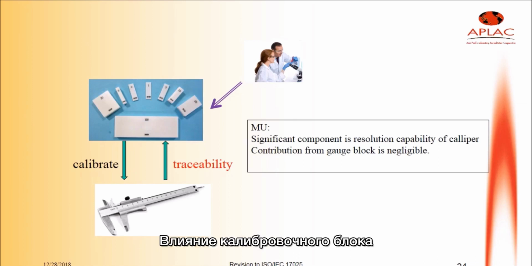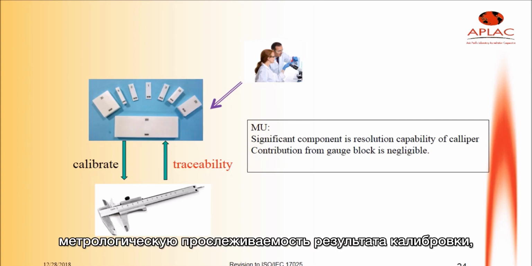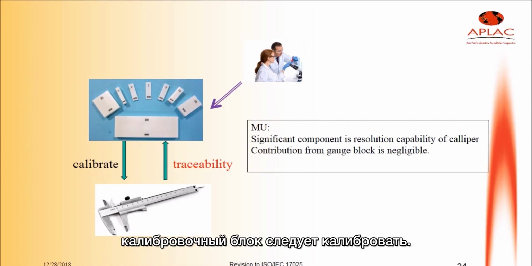The contribution from the gauge block could be negligible compared with the resolution of the caliper. But it doesn't mean the gauge block doesn't need to be calibrated, because the calibration result is traceable to the gauge block. To ensure the metrological traceability of the calibration result, the gauge block shall be calibrated.